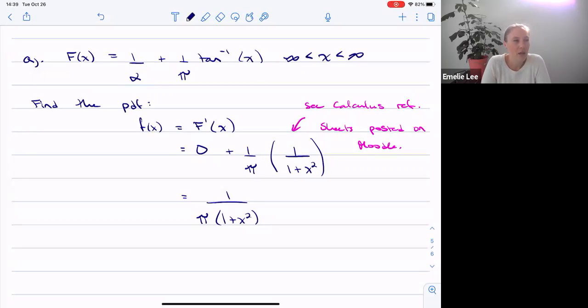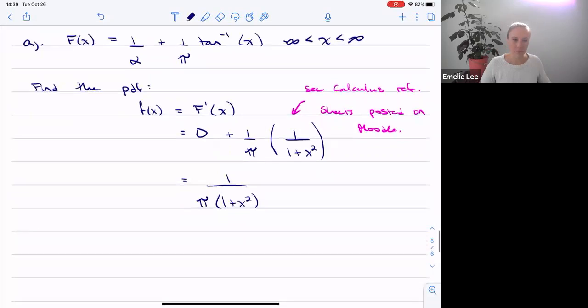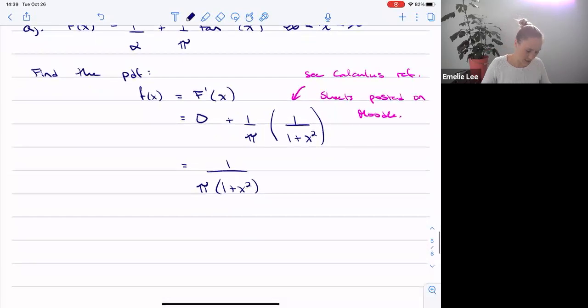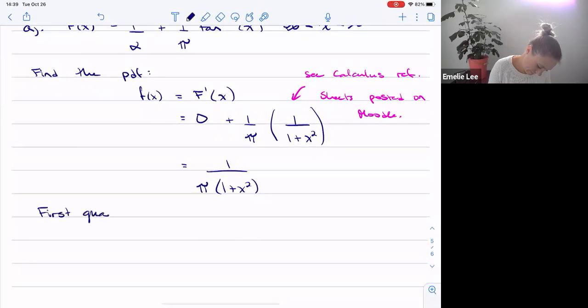Okay. Now, we want to find the first quartile. That means we have to remember what the first quartile is, in fact, what a percentile is.